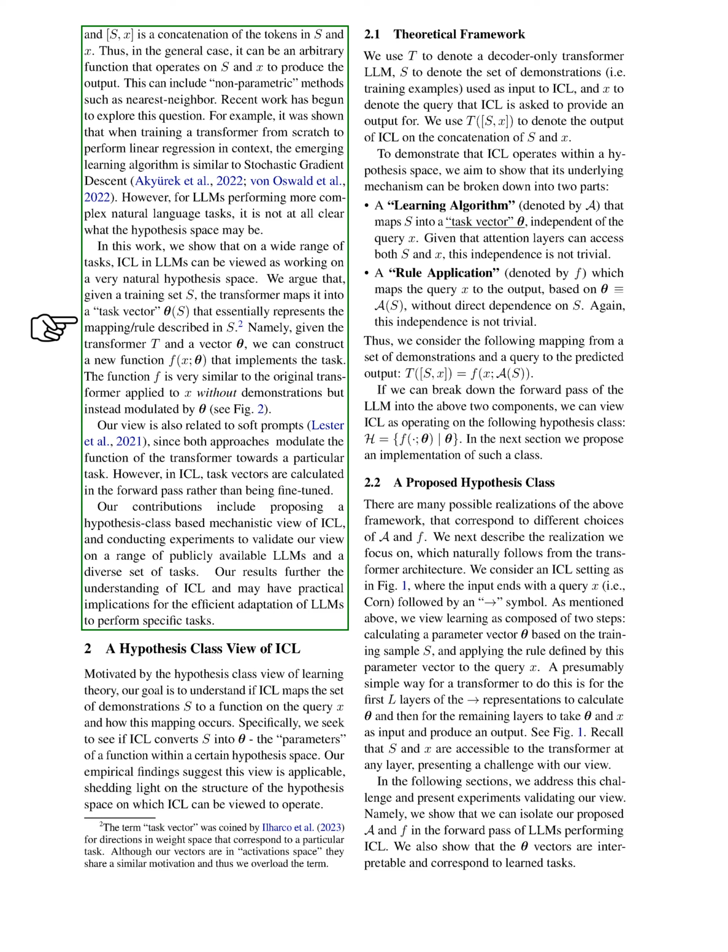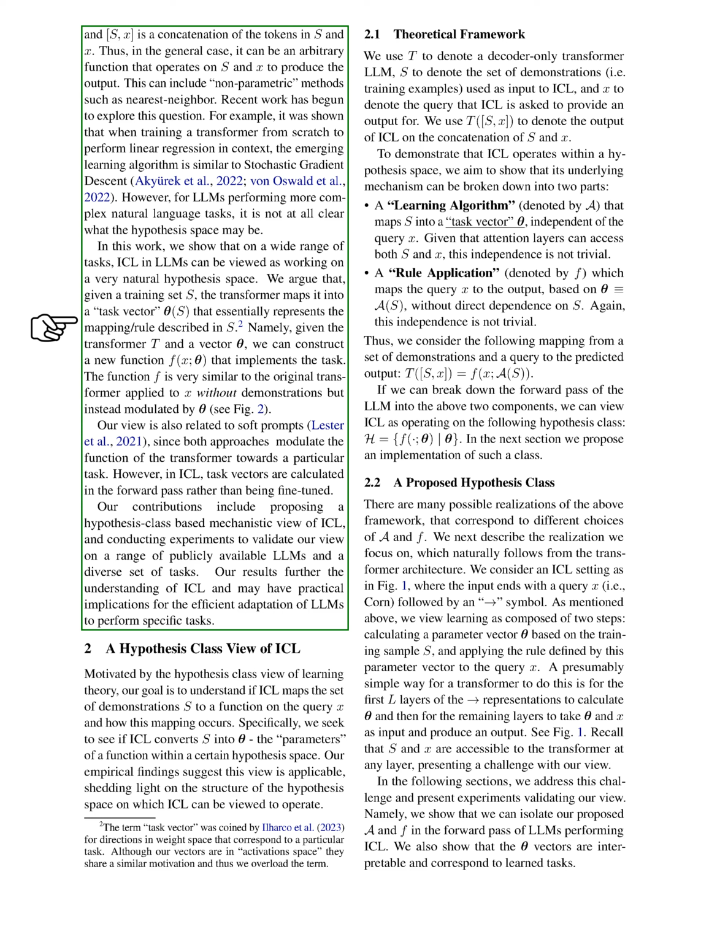Given the transformer and a vector, we can construct a new function that implements the task. This function is very similar to the original transformer applied to the question without examples but instead modulated by the task vector. Our view is also related to soft prompts, as both approaches use task vectors and soft prompts to guide the function of the transformer towards a specific task.